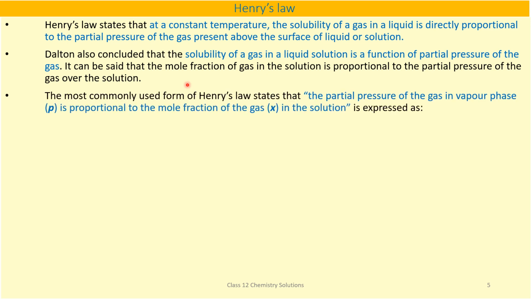The most commonly used form of Henry's law states that the partial pressure of the gas in the vapor phase, represented by small p, is directly proportional to the mole fraction, represented by small x, in the solution, and may be expressed as p = K_H x. Here, p is the partial pressure, x is the mole fraction, and K_H is the Henry's law constant.